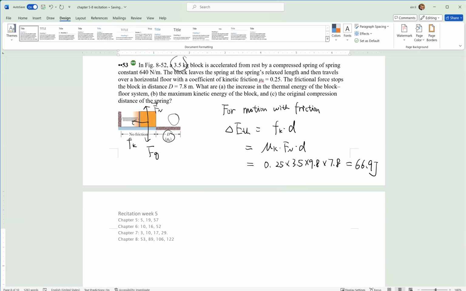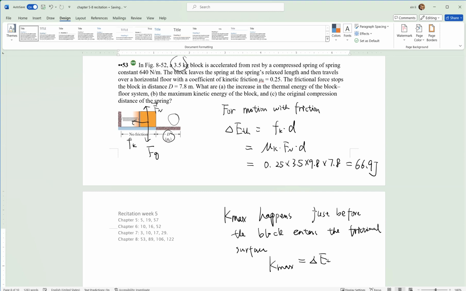So our maximal kinetic energy, K maximal, happens just before the block enters the frictional surface. So our K maximal should also be equal to the thermal energy, 66.9 joules.